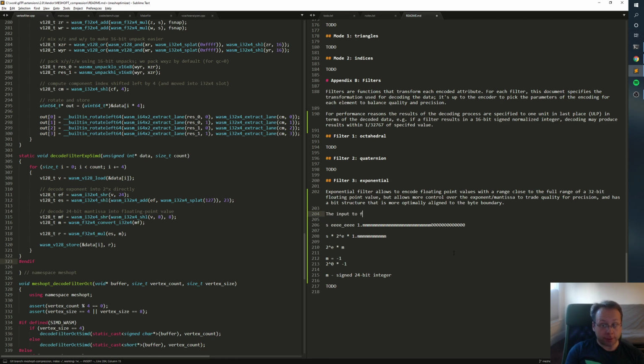The input to the filter is a sequence of 32-bit integers. Oh, right. Okay.